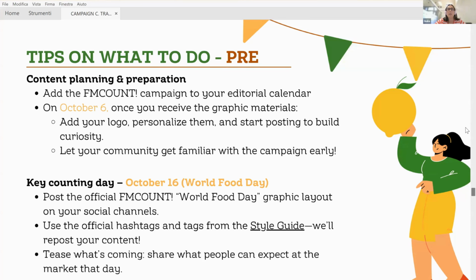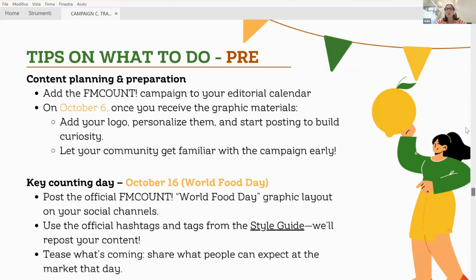I think, if I'm not wrong, it is October 14 that you will receive all the graphic materials and the instructions and the polls file, so you can start practicing with this phase, like we did for the other two campaigns.